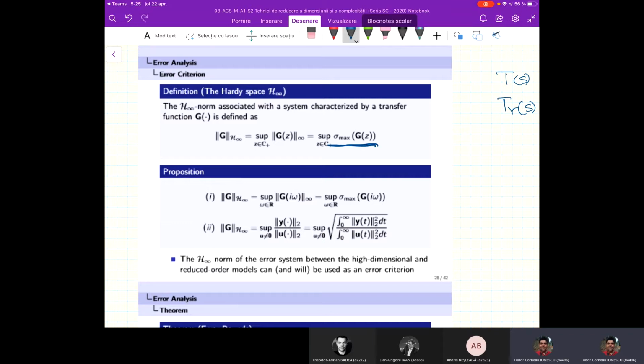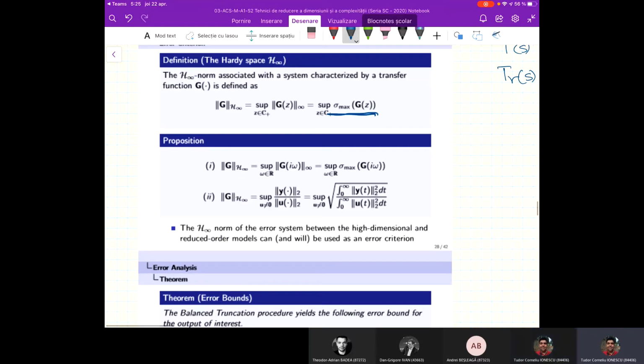This is the definition of the infinity norm. Now we have some characterizations of it: the infinity norm of a transfer function is the supremum over all frequencies omega in R of sigma max of G of i omega.